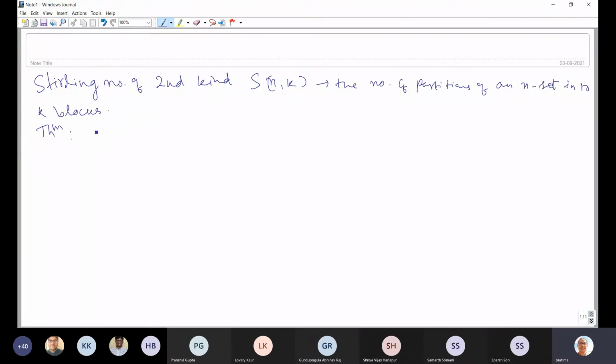This is capital S. It satisfies this recurrence relation: S(n, k) is equal to S(n-1, k-1) plus k times S(n-1, k). And I had asked you to think over why this recurrence relation is true.